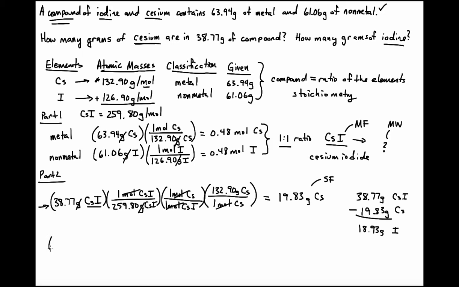So again, we would start with 38.77 grams of cesium iodide. We set up our factor unit conversion. Again, same numerator and denominator this time.